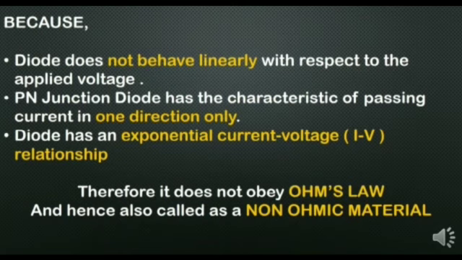That is, all the semiconductor devices are non-linear elements because the current drawn by the device is not proportional to the applied voltage. The semiconductor devices have a barrier potential, and when the applied voltage is increased above the barrier potential, the device starts conducting.